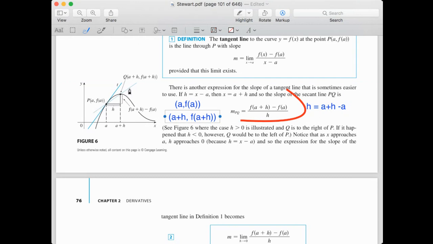That's a line, and then we can talk about the rate of change, or the slope of this line. So this is called the difference quotient. The difference quotient is the slope of the line passing through these two points.